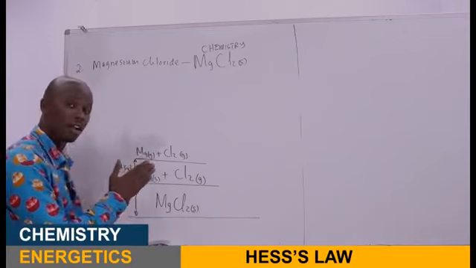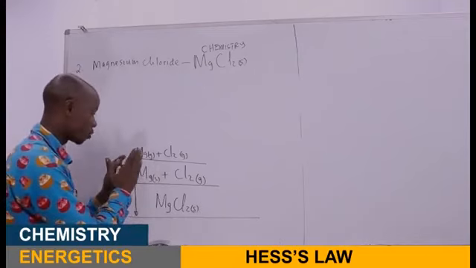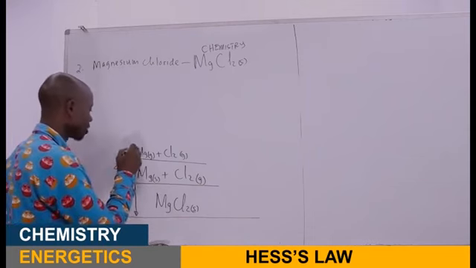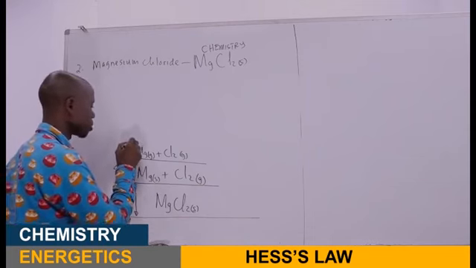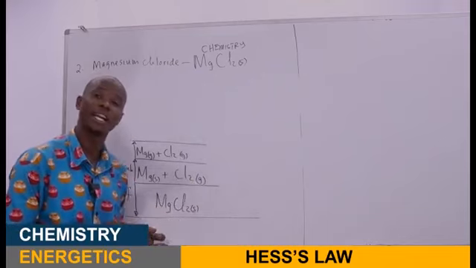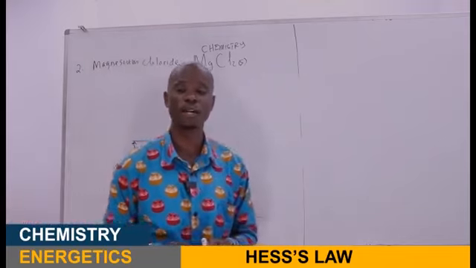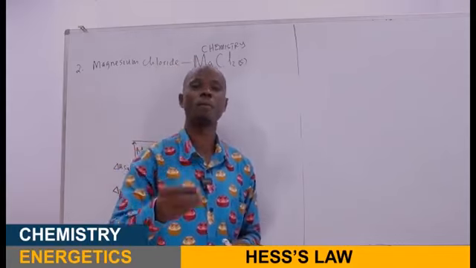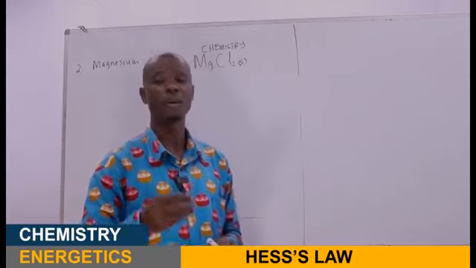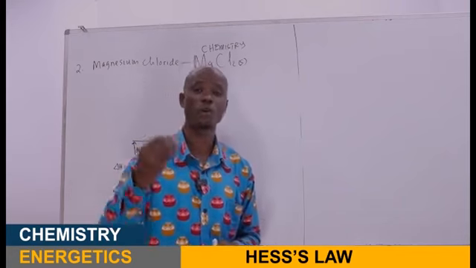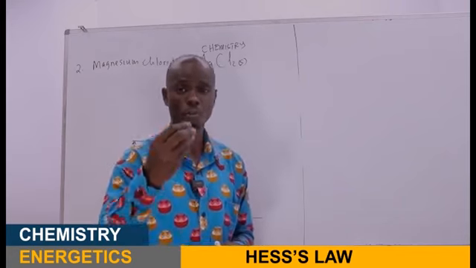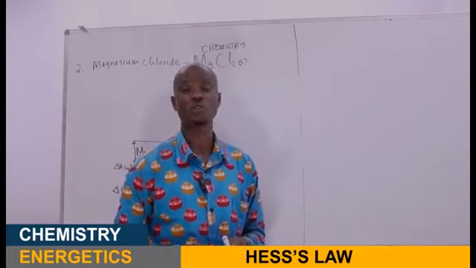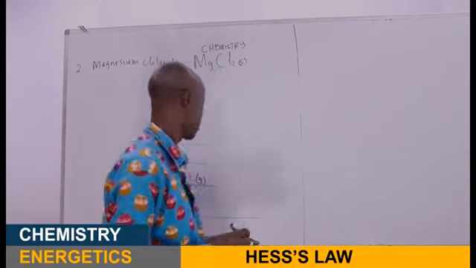From there, as I told you, we start with the metal. When we finish with the metal, we go to the non-metal. So what follows is the ionization process. How many electrons are lost by magnesium? I'm sure you can tell me the maximum number of electrons that a magnesium atom can lose in order to acquire the stable noble gas configuration. Two electrons maximally can be lost.